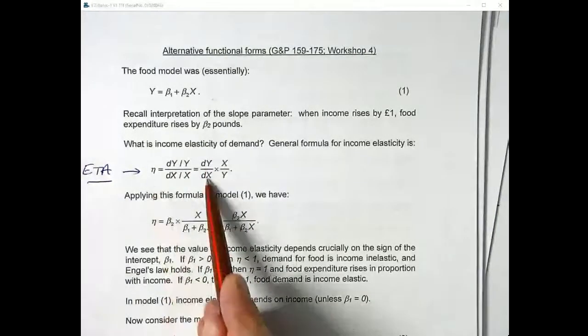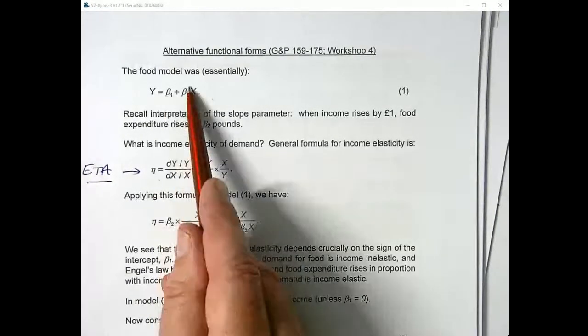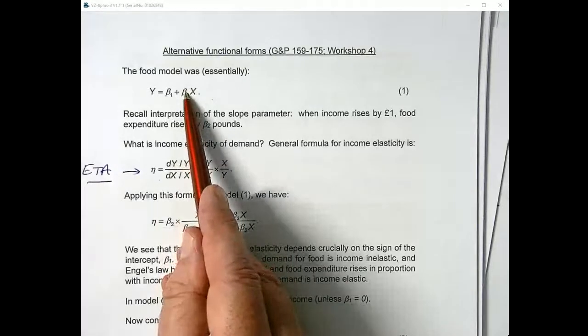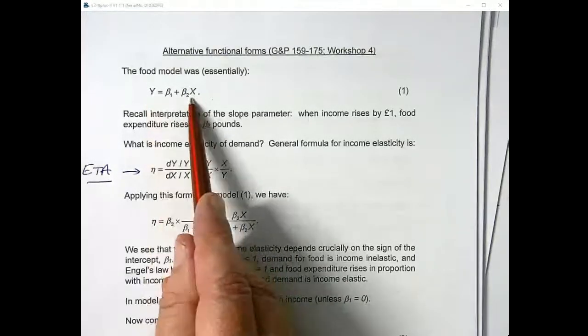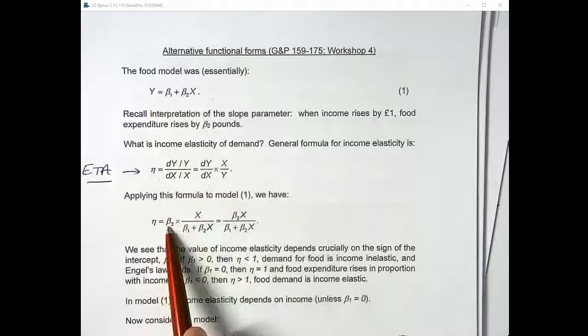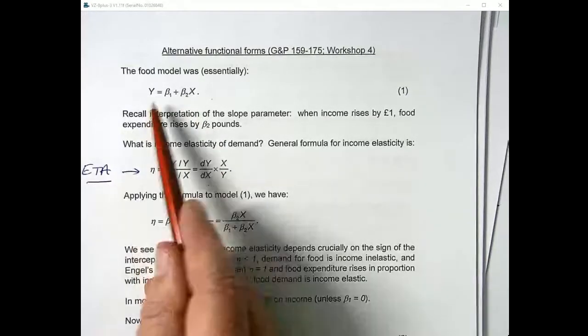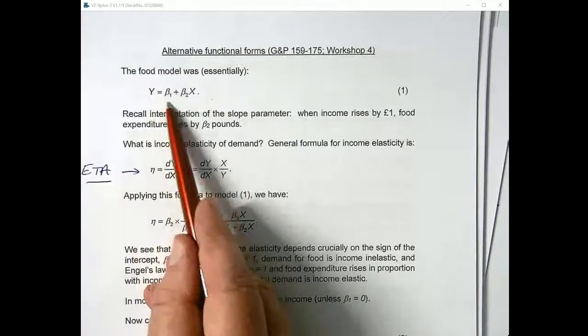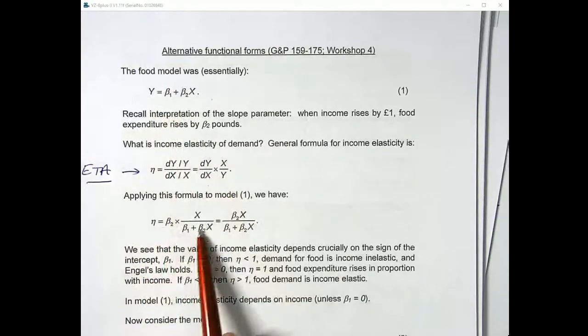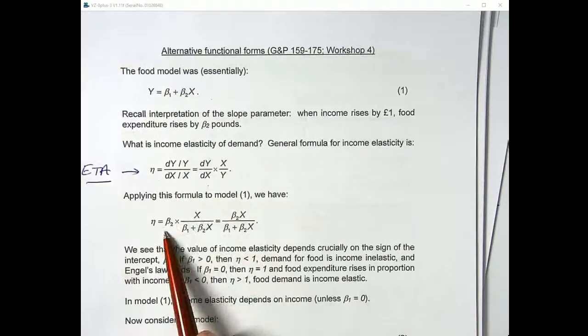Elasticity equals dy by dx, which is just beta 2, differentiating a straight line, you get the slope, times x divided by y, and for y we use what's on the right hand side here. So this is the income elasticity of demand for food.